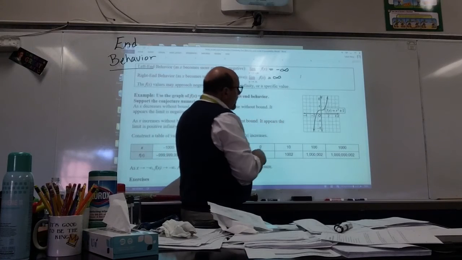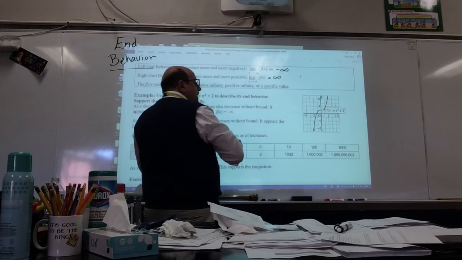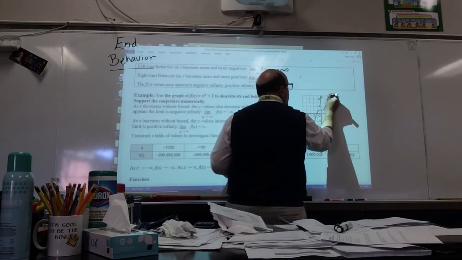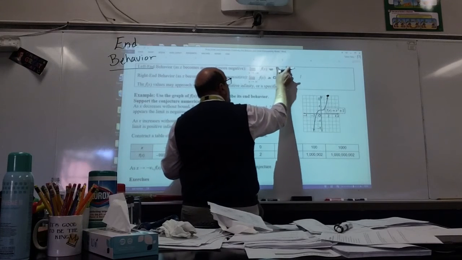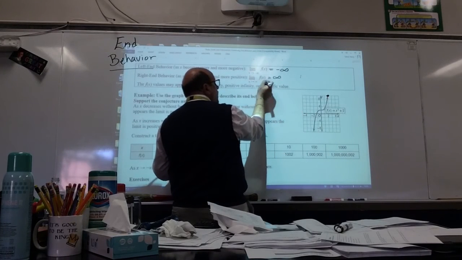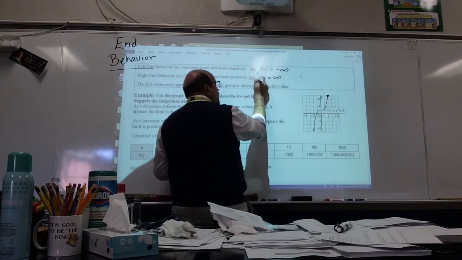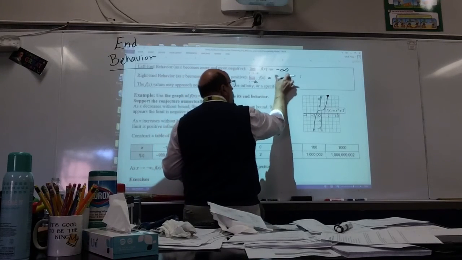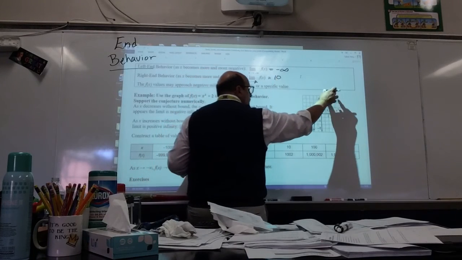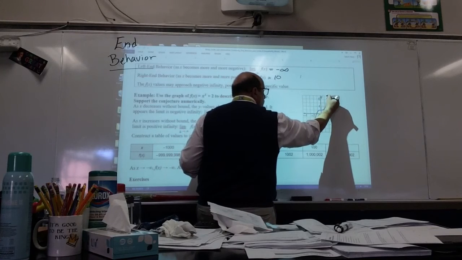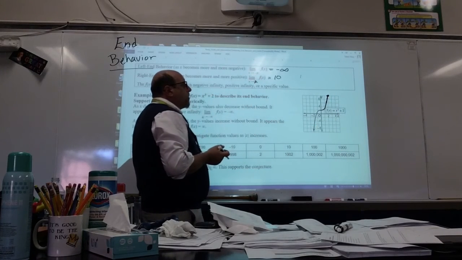Then you would say, as x approaches, say there was an endpoint here, we're going to the right, so we're going positive, as x approaches 2, its upper limit here is 10, if that was a point there and this was a continuous line up into that point.